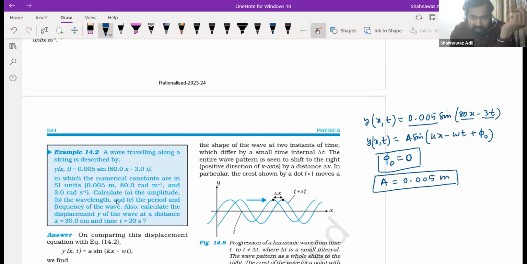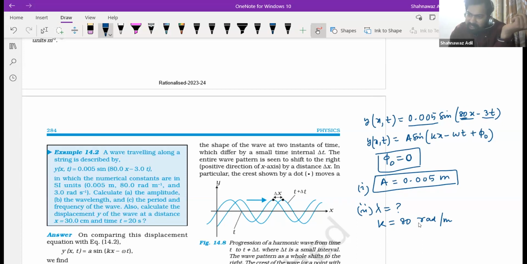And then we have to calculate the wavelength lambda. So lambda, this is the first part. Second part, we have to calculate lambda. So this we know. This is K, right? K is 80 and the SI unit of this K is radian per meter, right?